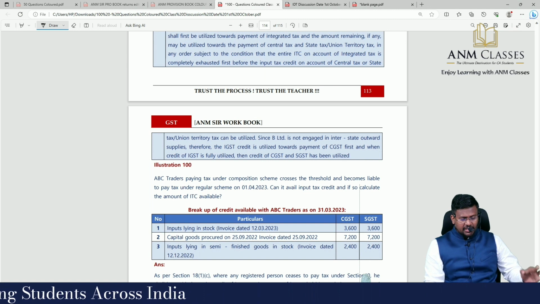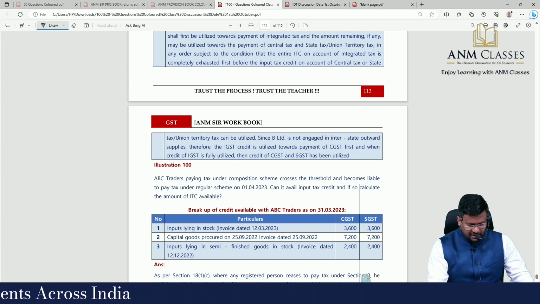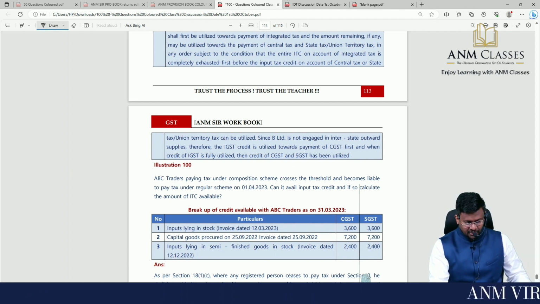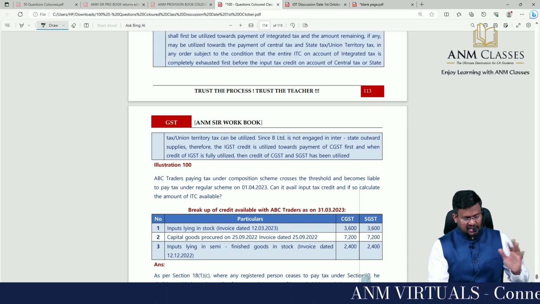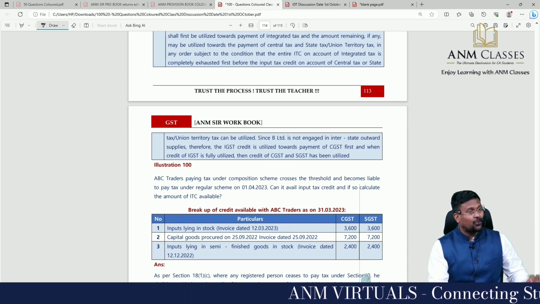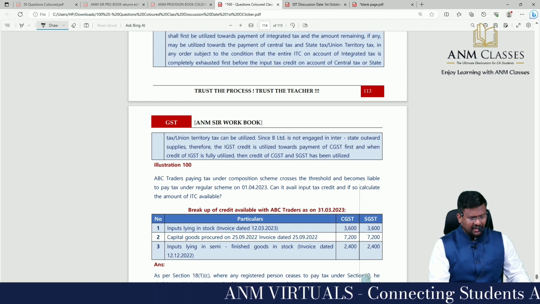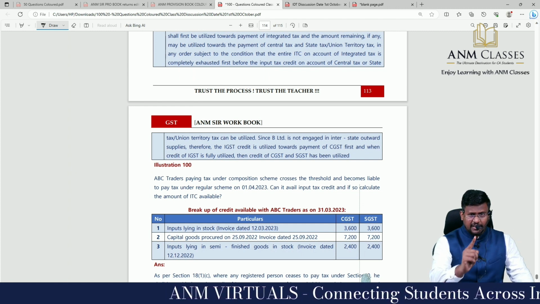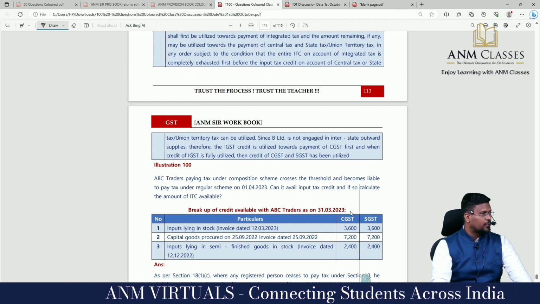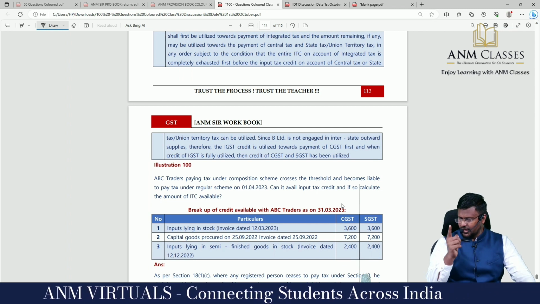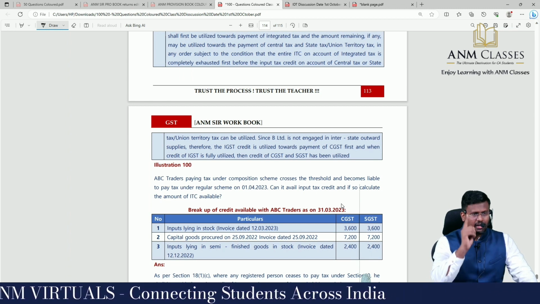Since B Limited is not engaged in interstate outward supply, therefore IGST credit is utilized towards payment of IGST. And when credit of IGST is fully utilized, then credit of CGST and SGST can be utilized. One line summary of the entire discussion is IGST credit as solved. Yes or no? அதுக்கப்புறம் தான் CGST creditலயும் SGST creditலயுமே கைய வைக்கணும்.